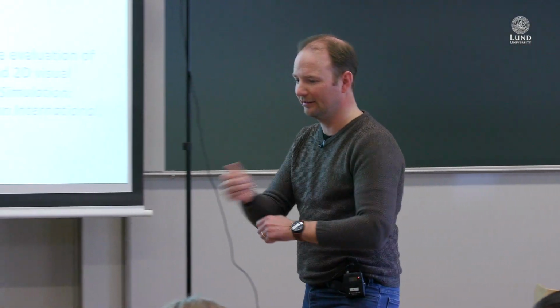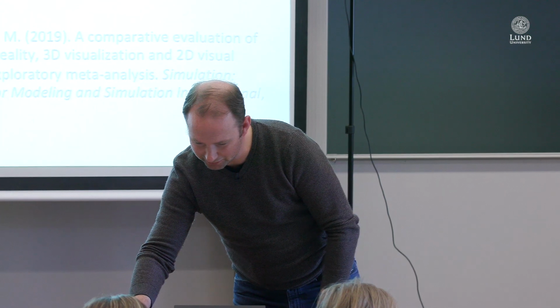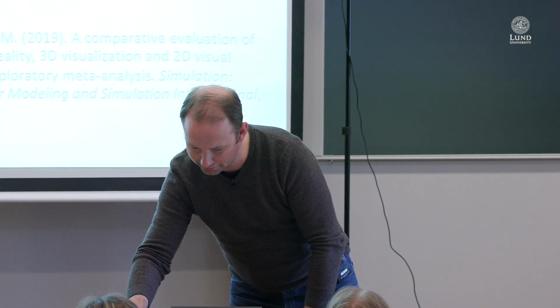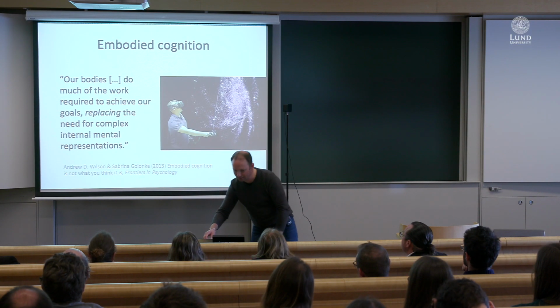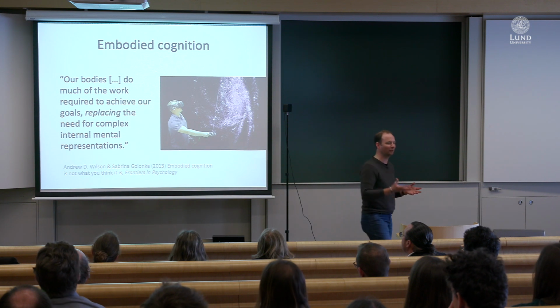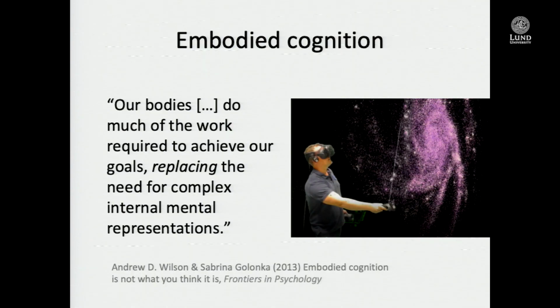So it's very interesting for VR researchers such as myself to see that now we start to get some raw figures showing that there are advantages to working in this way. And why is it so? Except for the obvious advantages of larger screen real estate, a larger workspace, more efficient interaction, and so on, I think it has a lot to do with what's called embodied cognition, which is basically the relatively new idea that we don't only think with our brains, but the whole organism is involved in thinking.